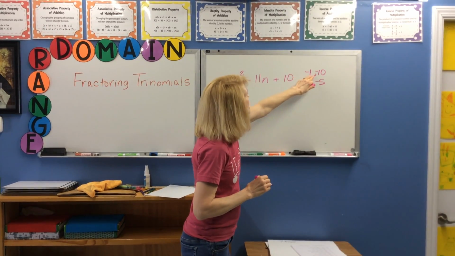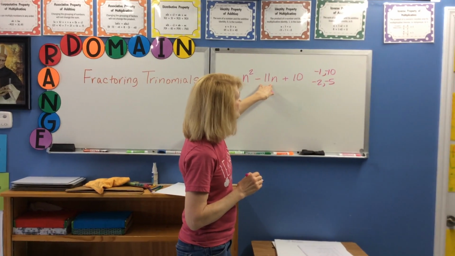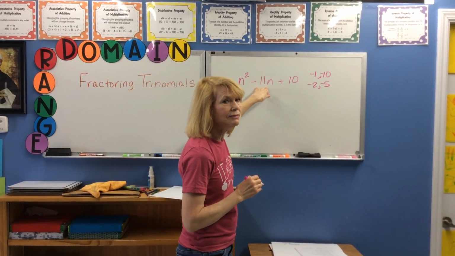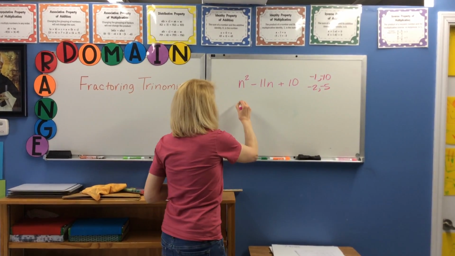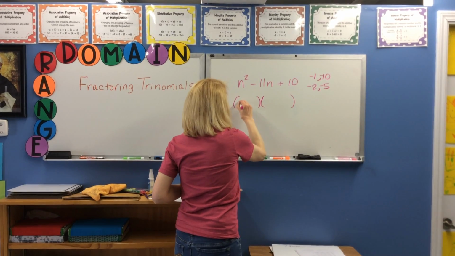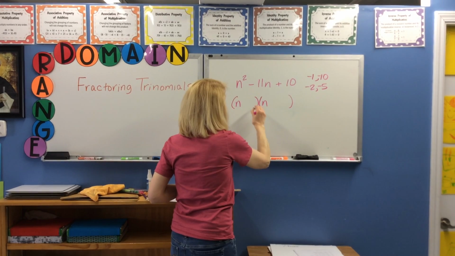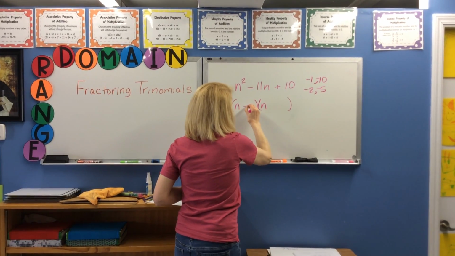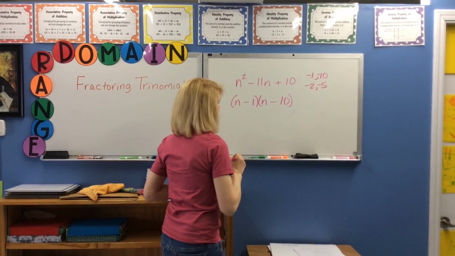So if you look at these two and you're looking for which of those two factors add up to negative 11, it's easy to see it's negative 1 and negative 10. So when I write my two binomials, I'm going to put n at the beginning of both of them, since that's my squared term. And then I've got minus 1, minus 10. Okay?